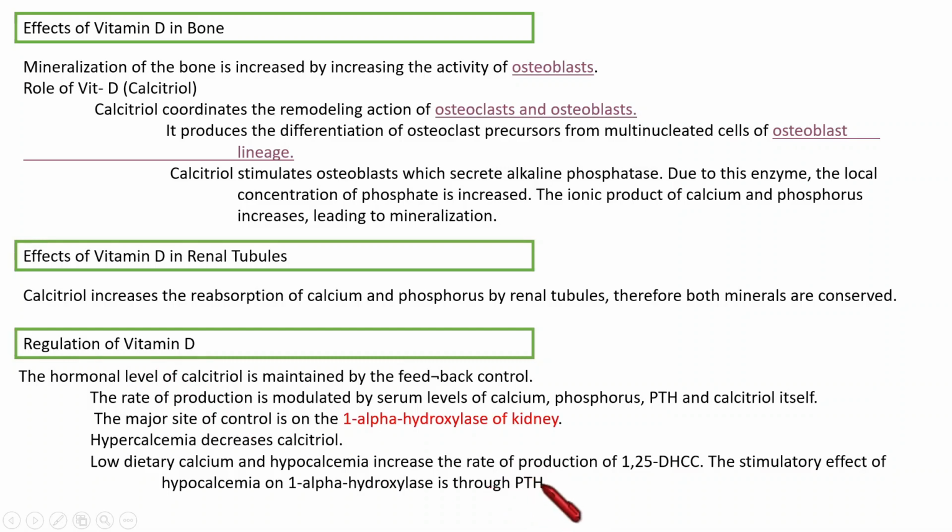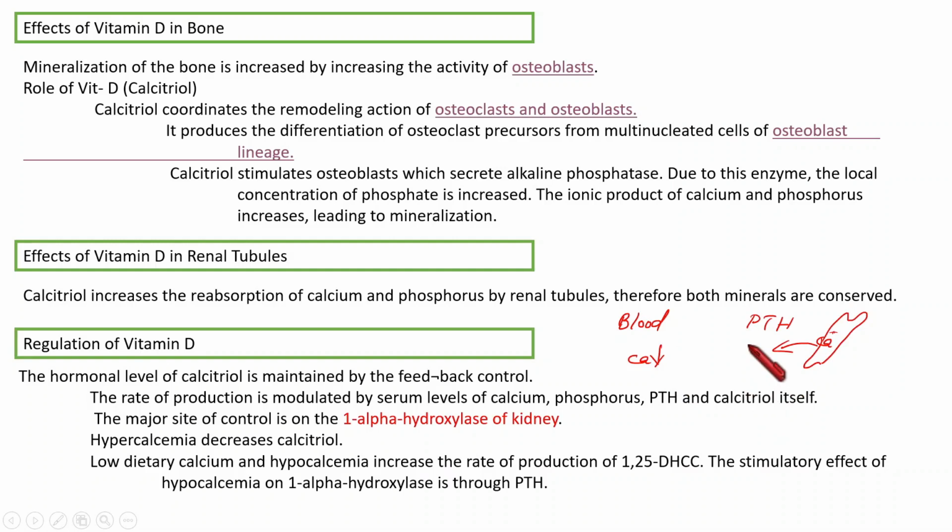How does it take place through the parathyroid hormone? Whenever the calcium level in the blood decreases, in response to that, parathyroid hormone will be secreted from the parathyroid gland, and it results in the release of calcium from bones to the blood to raise the level of calcium in the blood.